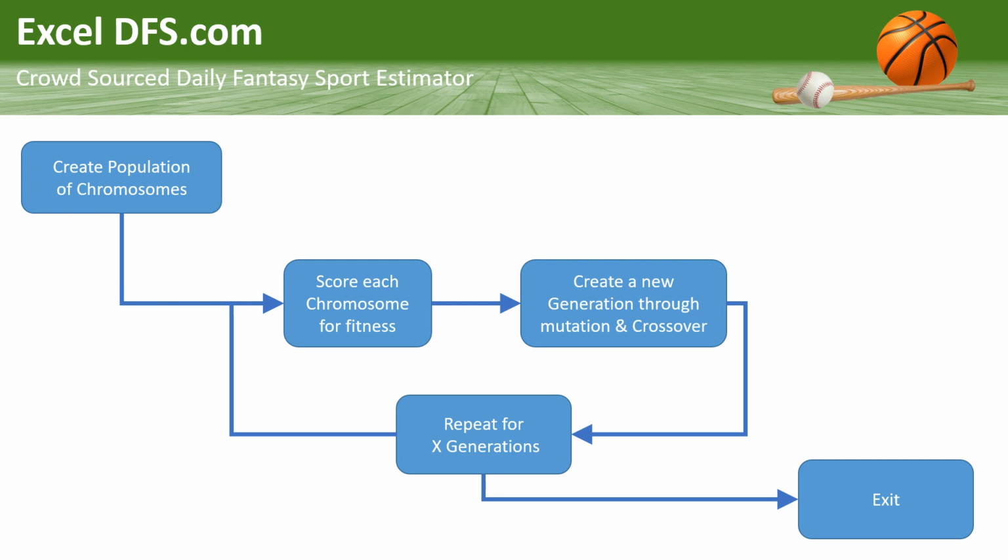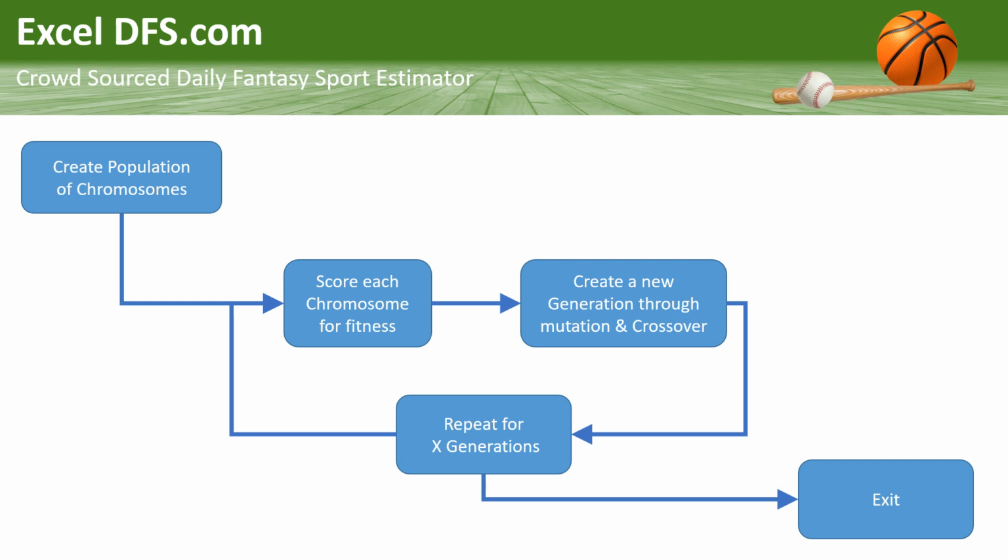I know that's quite an abstract representation, but let's go through it in a little more detail. Firstly, creating the population of chromosomes. A chromosome, and we'll get into detail on this later, is an algorithm which has the ability to predict fantasy points using a past data set of historical data.